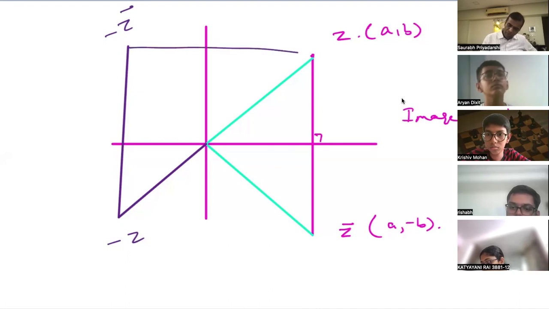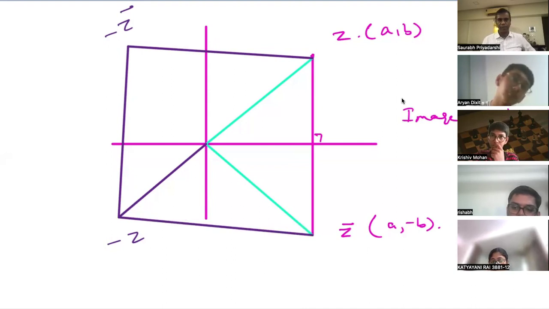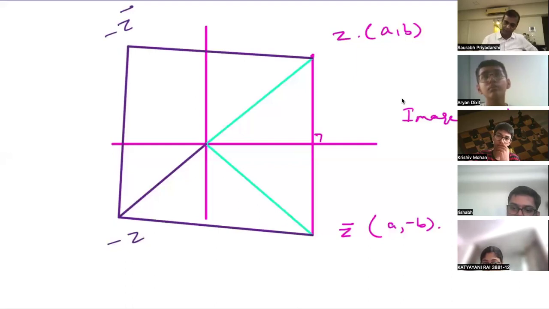What will this form? A square. Square or rectangle? No, sir, it's a square because all the coordinates are the same, only signs are different.